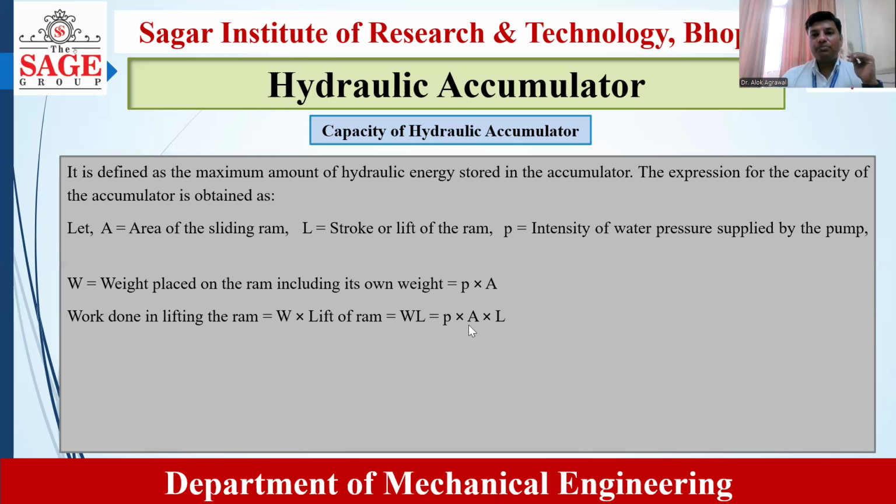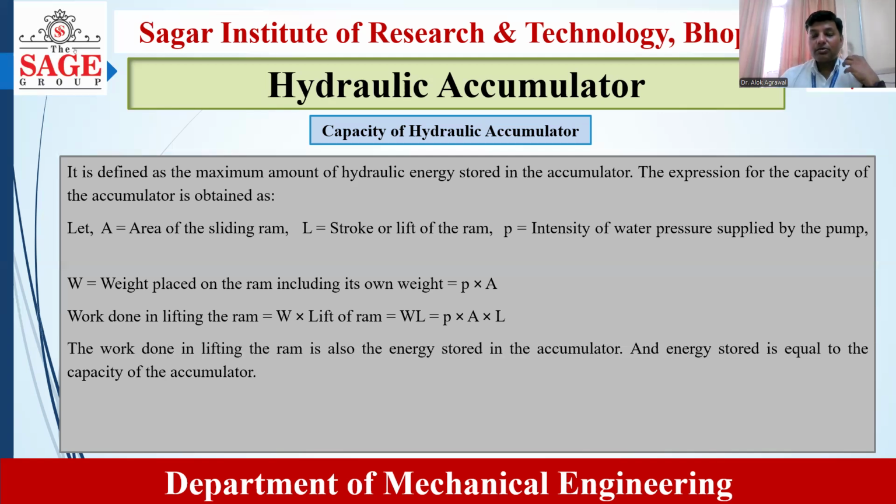So the work done will be P into A into L. This is the amount of work done for lifting the ram, and the work done for lifting the ram is also the energy stored inside the accumulator. As per the law of conservation of energy, when there is a requirement of high pressure energy, this much energy will be provided by the hydraulic accumulator. So the capacity of the accumulator is equal to the work done in lifting the ram, which is equal to pressure into area into stroke length.